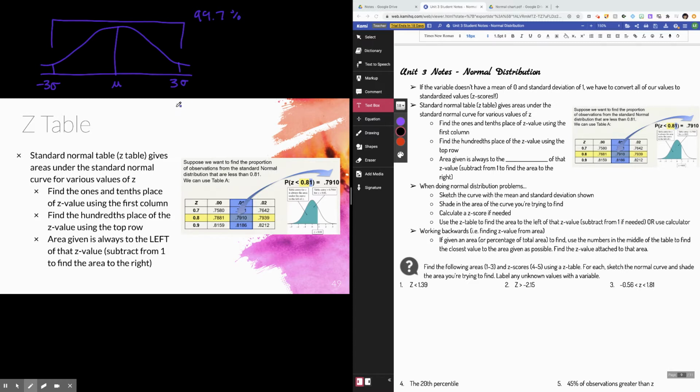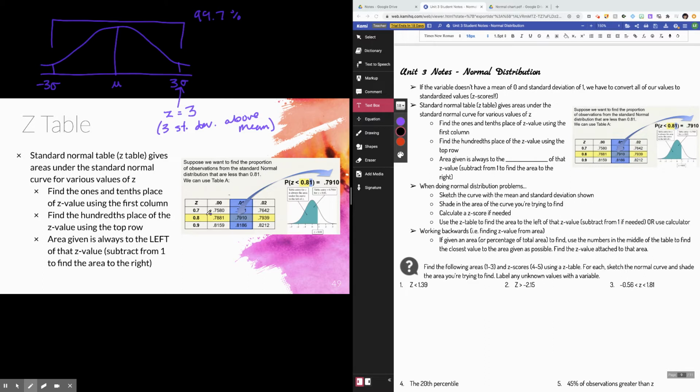And if you remember from the previous section on z-scores, 3 standard deviations is a z-score of 3. So a z of 3 means 3 standard deviations above the mean. The z table goes all the way out to z equals 3.5 and negative 3.5, so that covers almost all of the data in a standard normal curve.